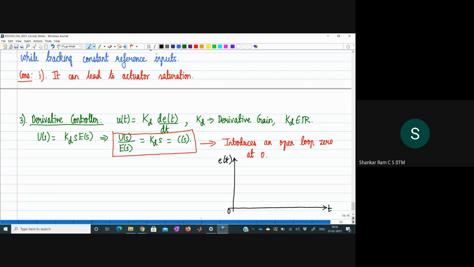Okay, and let us say this is our time history once again, and we are at some time t. All of us know that the derivative gives us the slope at that time, right? So in essence, we are going to have some sort of anticipation from a derivative controller.